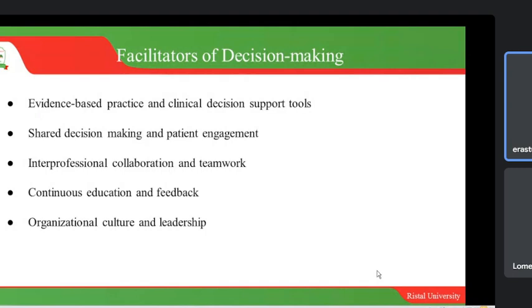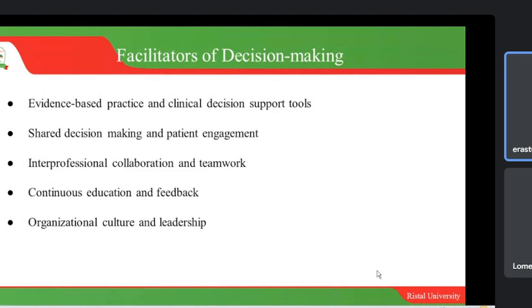That's what we call interprofessional collaboration and teamwork. And also continuous education and feedback. So we can continuously send out information in terms of training, and in terms of enlightening the patients on what we are doing, and this is going to ensure that the decision we make is very effective.